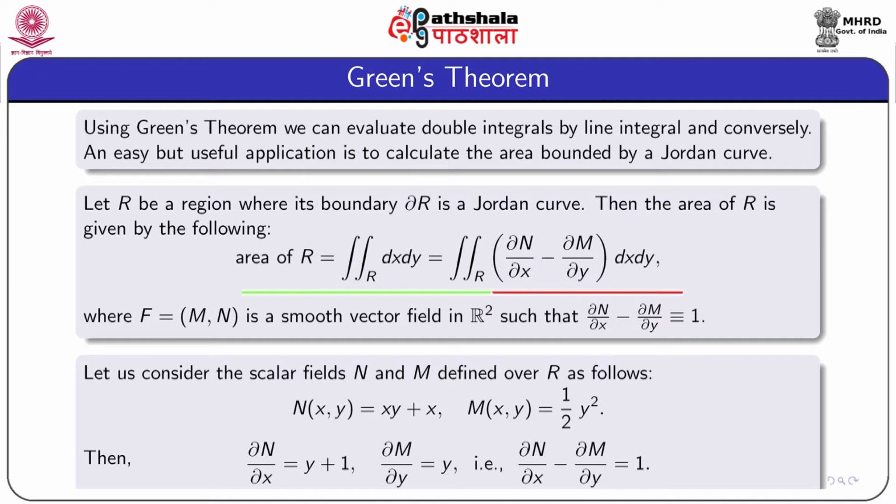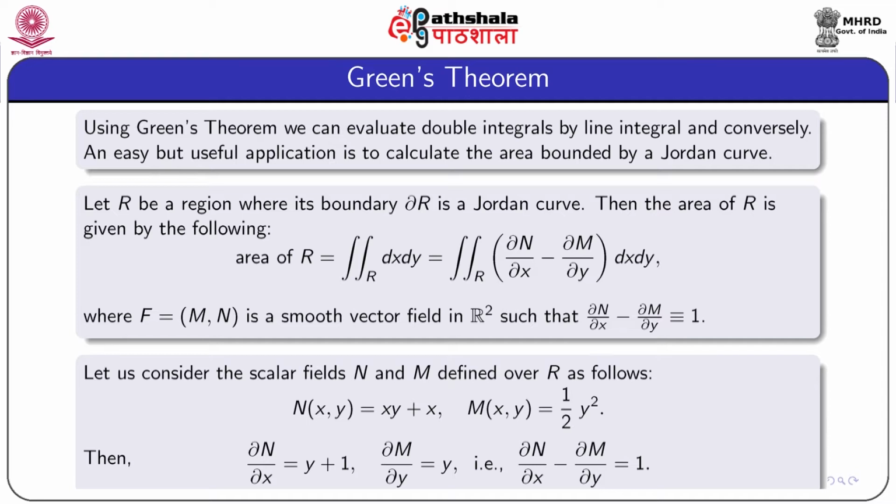So, we can write this as double integral over R del N del x minus del M del y dx dy, provided we can find a vector field F with components M, N which is smooth and satisfies the condition del N del x minus del M del y identically 1 over the region R.